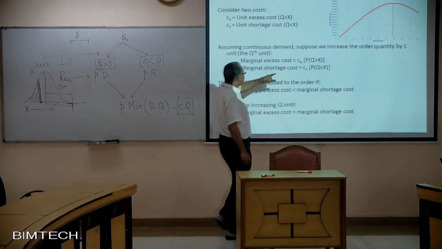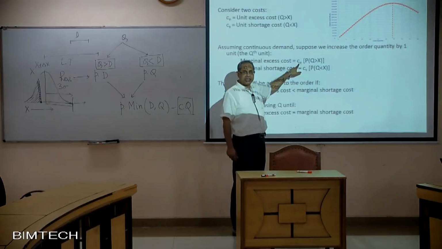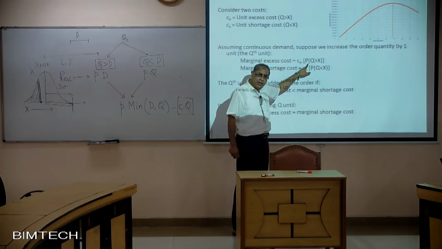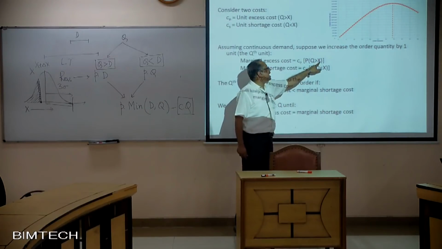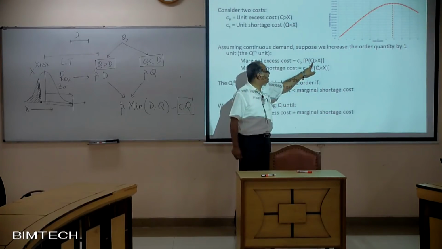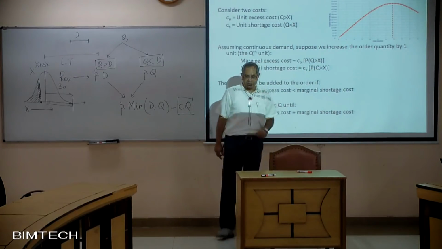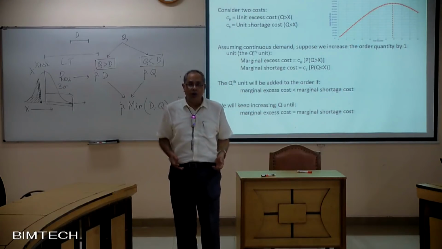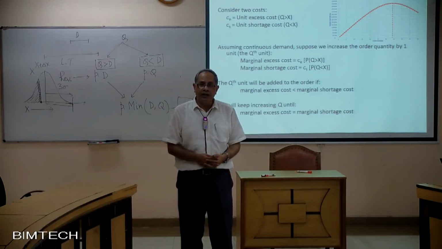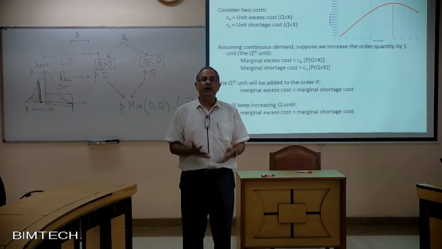It is the unit excess cost multiplied by the probability that the qth unit is indeed an excess over the demand, which means multiplied with the probability that Q is greater than X. Remember, we go excess only if the order quantity is greater than X, or the demand.